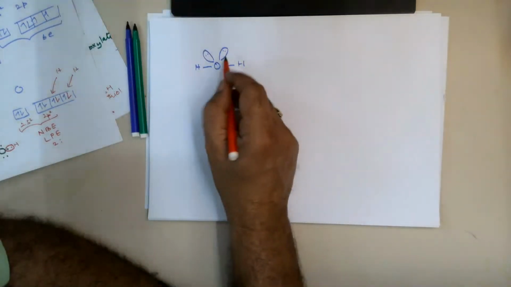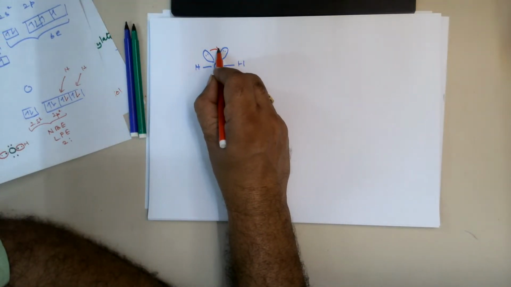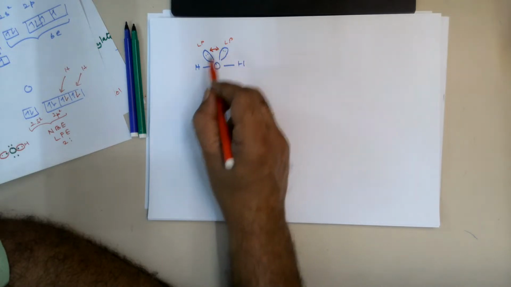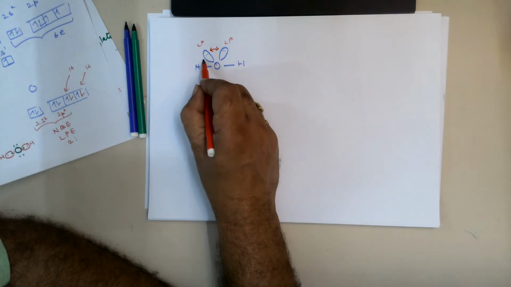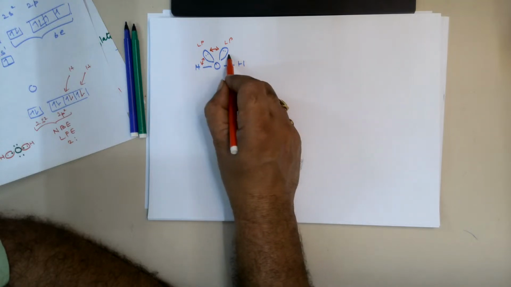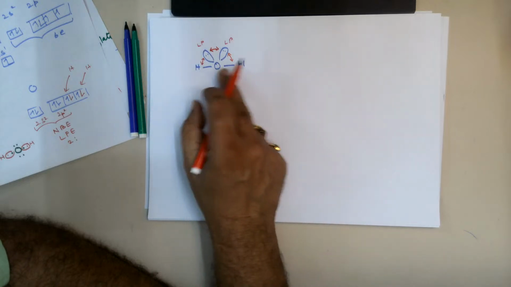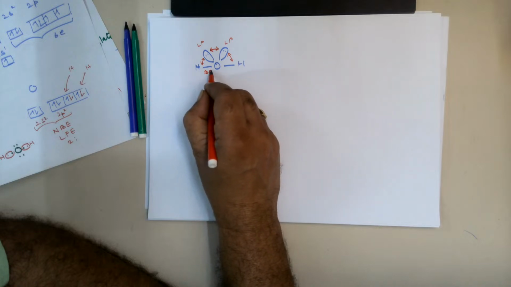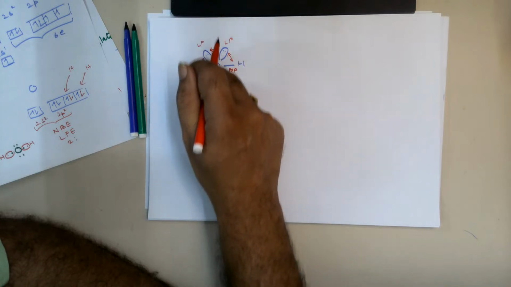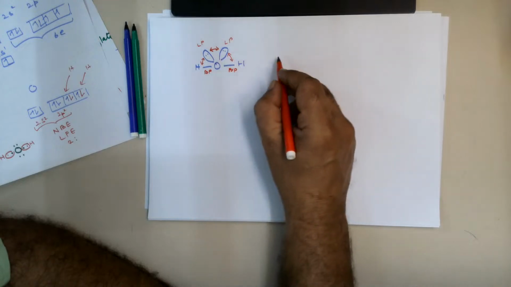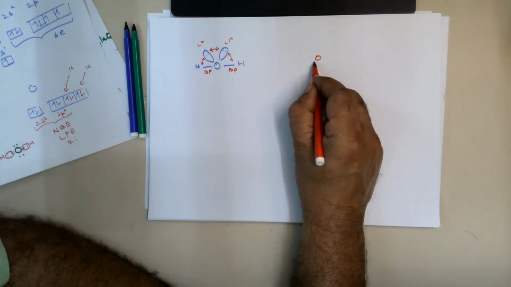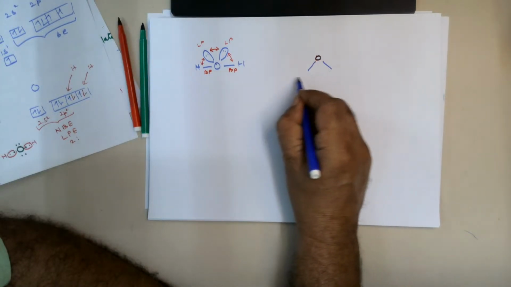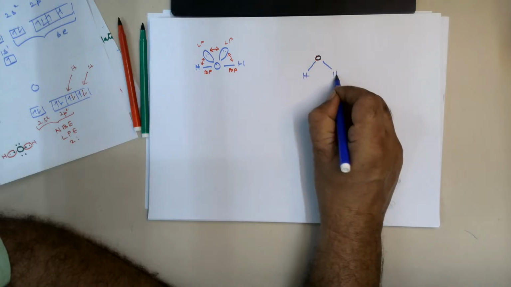Now because of the lone pairs, they repel each other. So there is a repulsion between lone pair and lone pair, and this repulsion again repels the hydrogen. So it pushes the OH bond, and this is a bonded pair. This is also a bonded pair. So there is a repulsion between bonded pair and lone pair, and that results in water having a bent structure, a V-shaped structure, because of the repulsion.